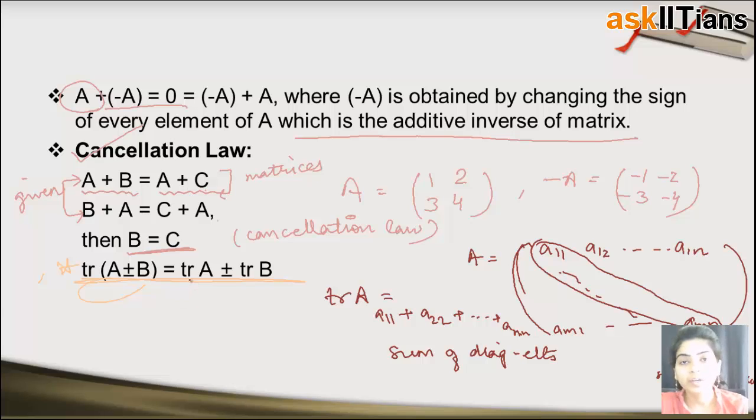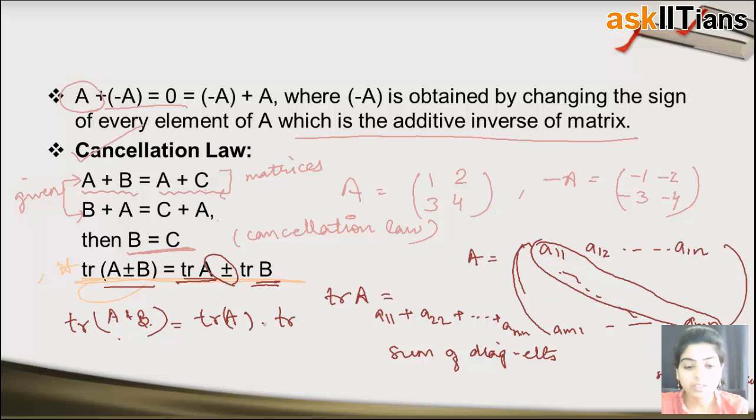So the property that we have of trace here is trace of A plus minus B is equal to trace A plus minus trace B. Whether you add or subtract two matrices A and B and then find the trace of the resulting matrix, or you find the trace of the first matrix, find the trace of the second matrix, and then add or subtract whatever is the given operation, the result in both cases would be the same.